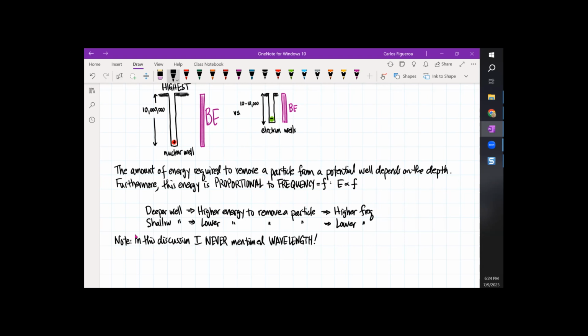People have a tendency to talk about wavelength. That's not the core. I will talk about wavelength because that's the common way of talking about it. What you've got to remember here is that it's the energy that is most important.